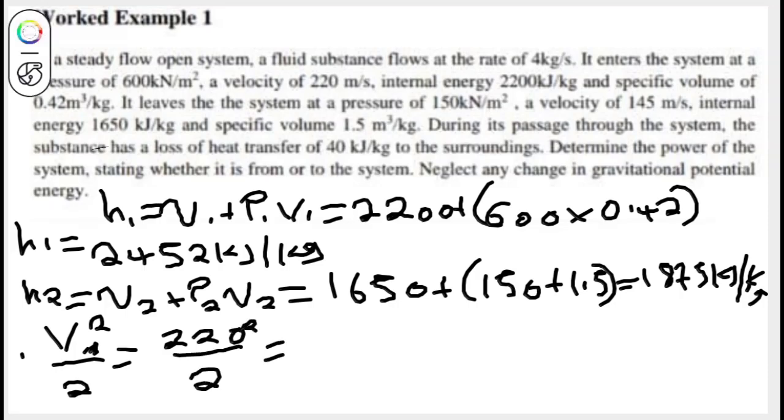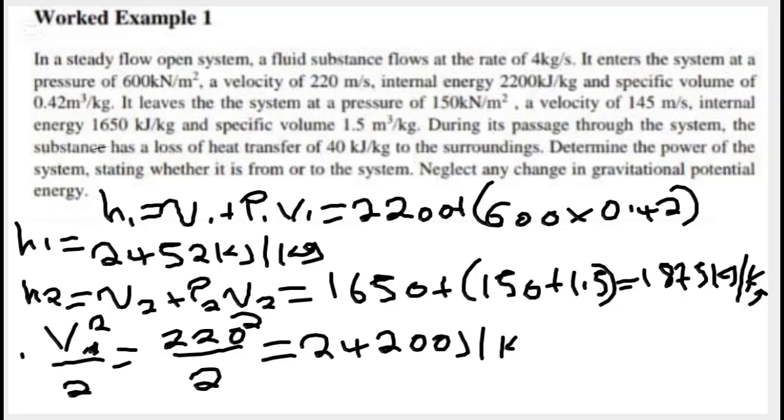So this is the same thing as 24200 joule per kg. But I have to convert it to kilojoule per kg. So this will now be 24.2 kilojoule per kg.